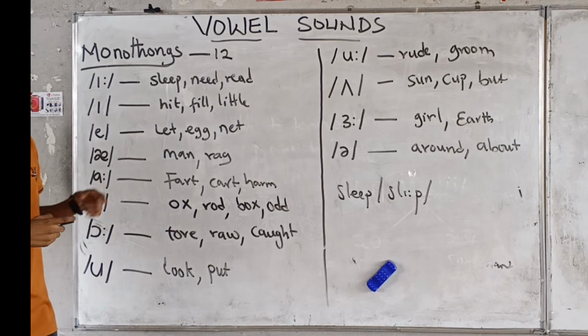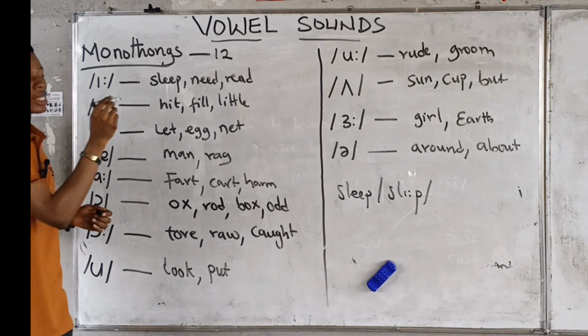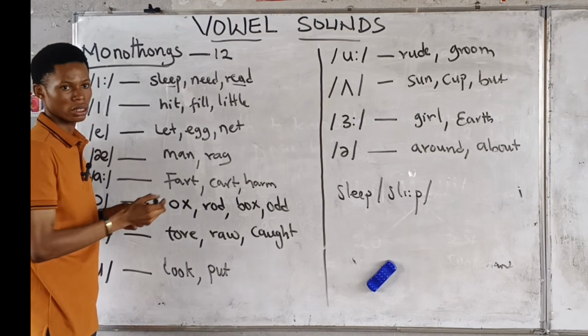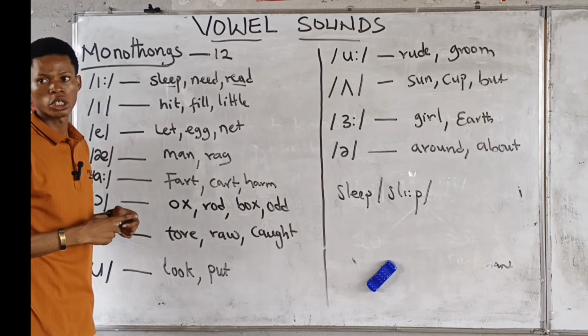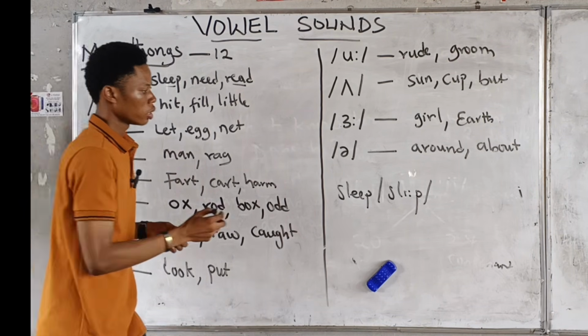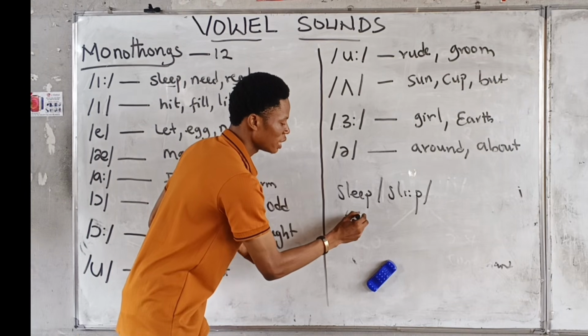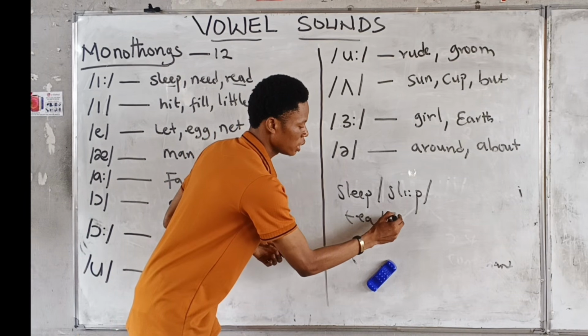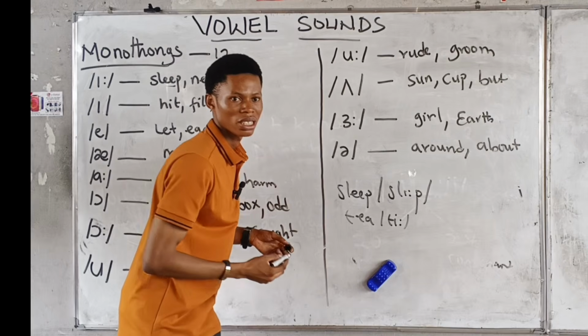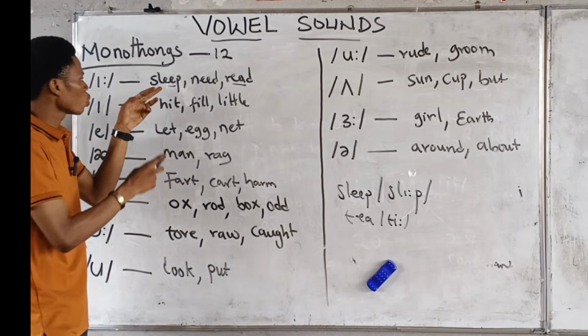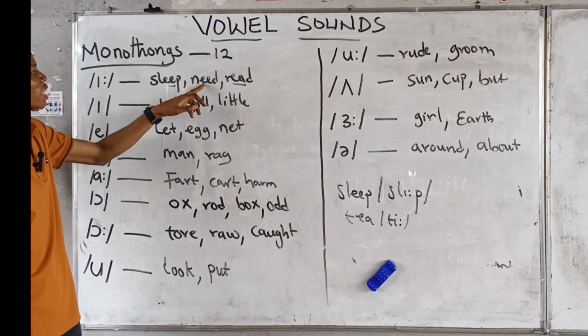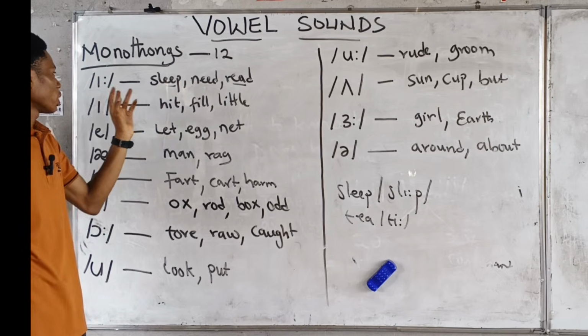So you see that most times this E is always seen in most words having double E and EA. Give me one word with double E or EA. Deep, T, C. So most times E is seen in words with EE or EA. Alright, that's E.